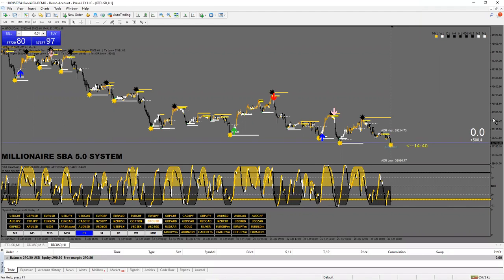They have no idea what support is, what resistance is. They just know they want to put in their money and make some money on it. They have no idea what the ADR low is, what the ADR high is. They don't know any of these things.